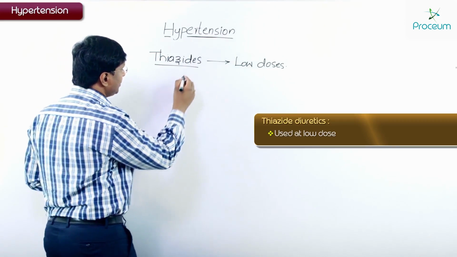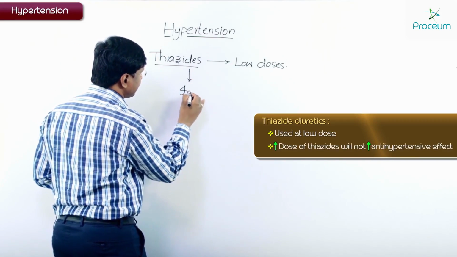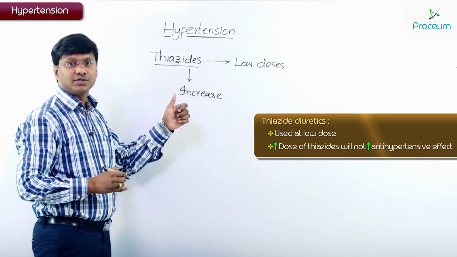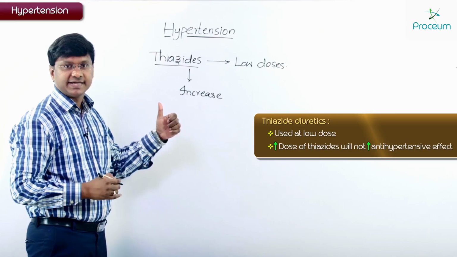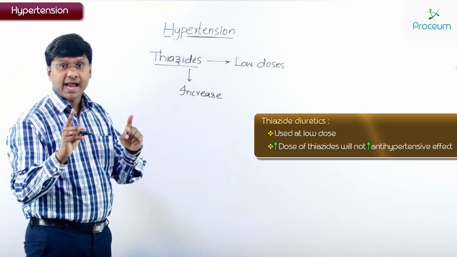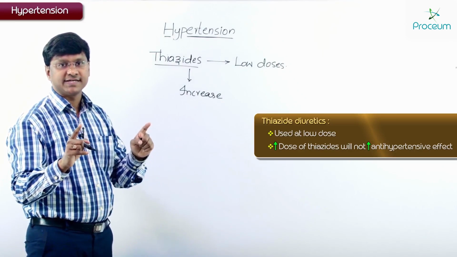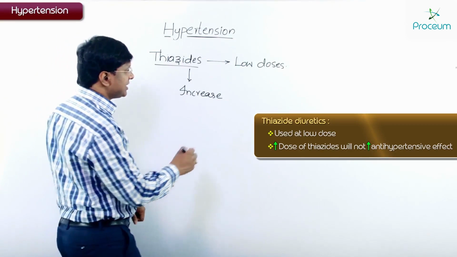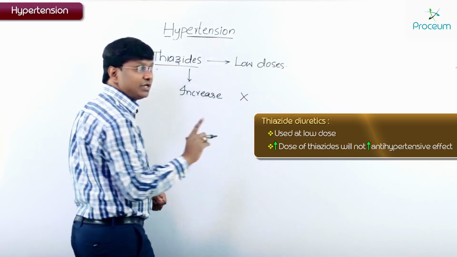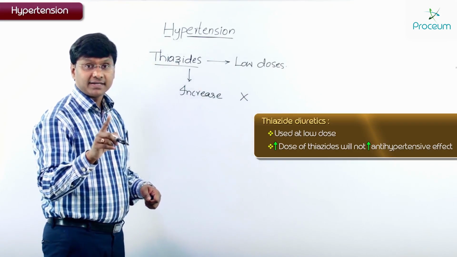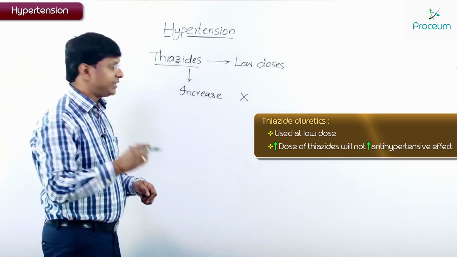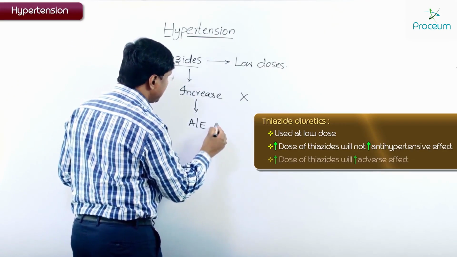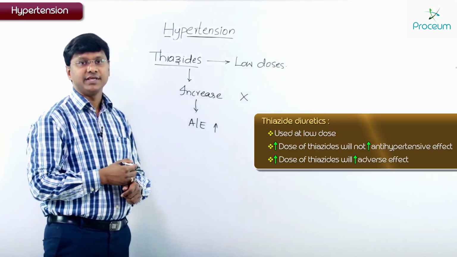Because when you increase the dose of thiazides, their antihypertensive effect will not increase, but the adverse effects will increase.